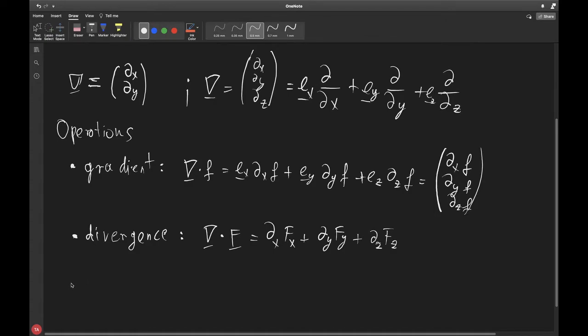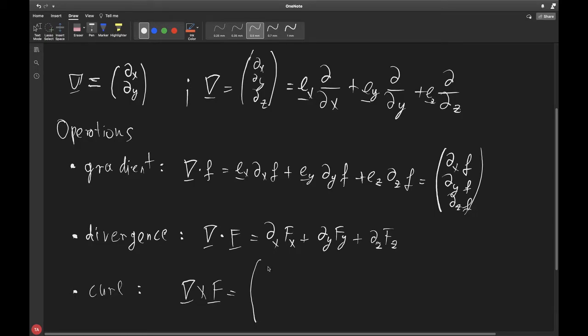Okay? And then the third thing which you can do is called a curl, sometimes rotation, which is that we take the cross product with this F vector. A vector cross product with a vector leads to a vector.